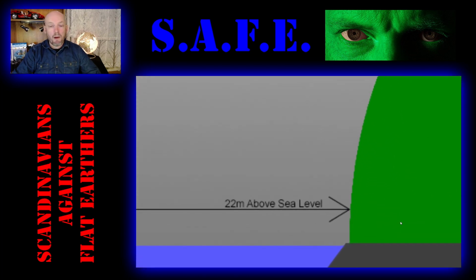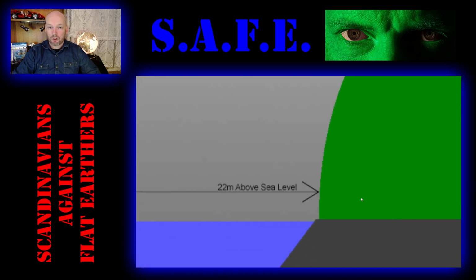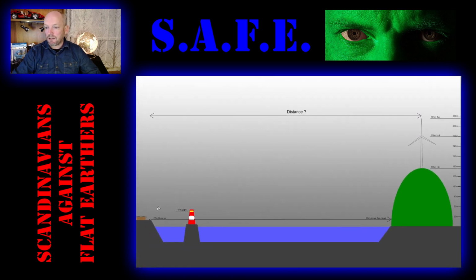So, no matter the distance over a flat surface, I should be looking into a point 22 meters above sea level. If that's 100 meters or 68 kilometers over a flat surface, I should be looking into that point over there. The hill it's standing on is 175 meters high.